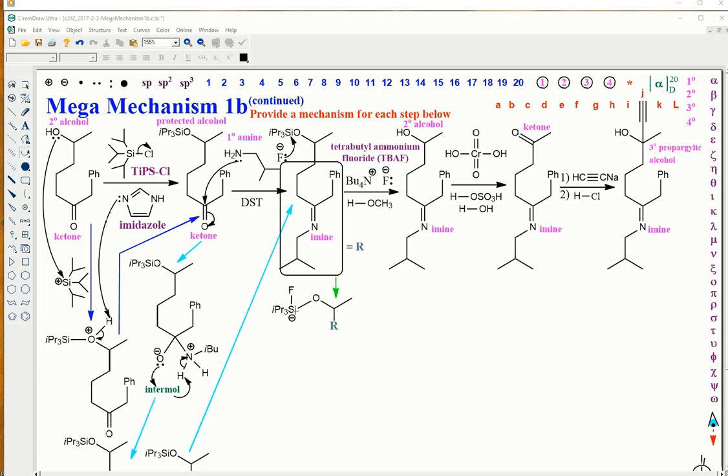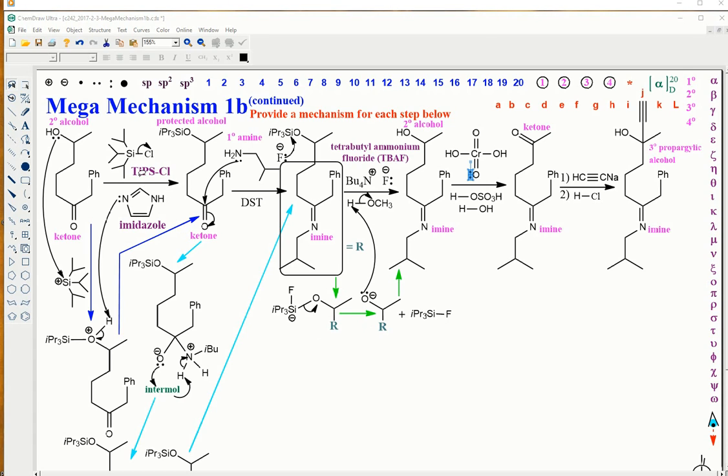Silicon is able to do this being in row 3. This species will now ionize to the more favorable O- instead of Si-, thus rendering triisopropylsilyl fluoride and the alkoxide ion indicated, which will pick up a proton from the solvent, giving us our secondary alcohol, illustrated to the right.